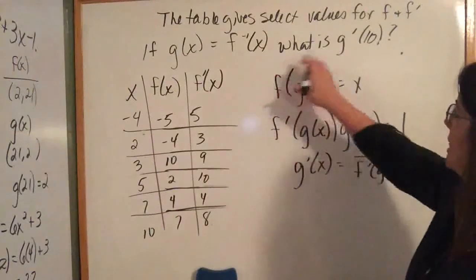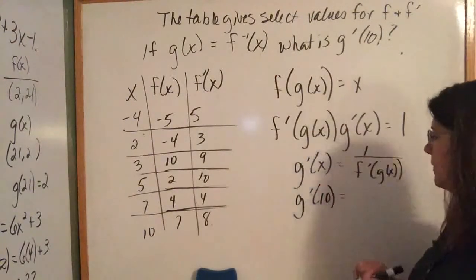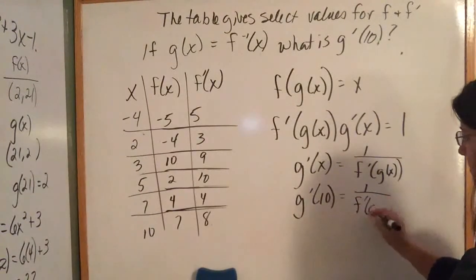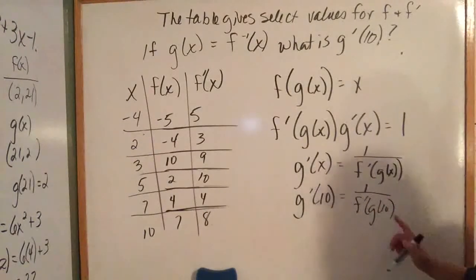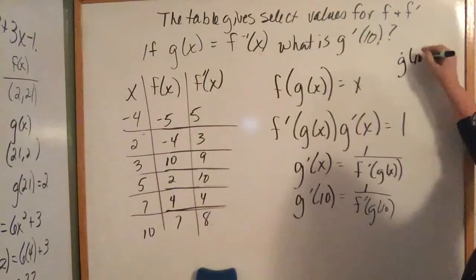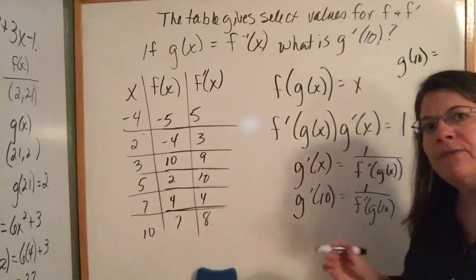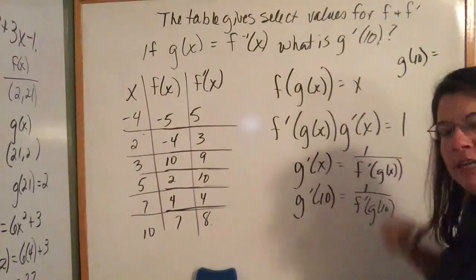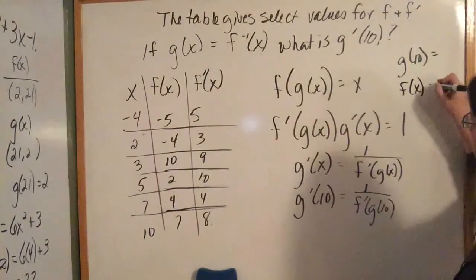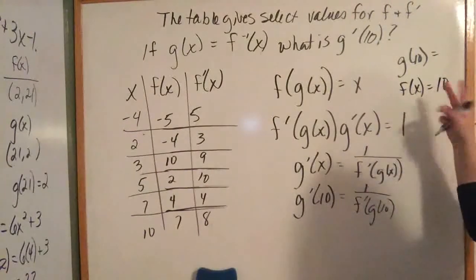They're asking us to find g prime of 10. So that means I'm going to replace this x with 10. So what I need to find is g of 10. Well, if the x value of the g function is 10, wouldn't that mean I need to figure out what x value gives me a y value of 10, since they are inverses?